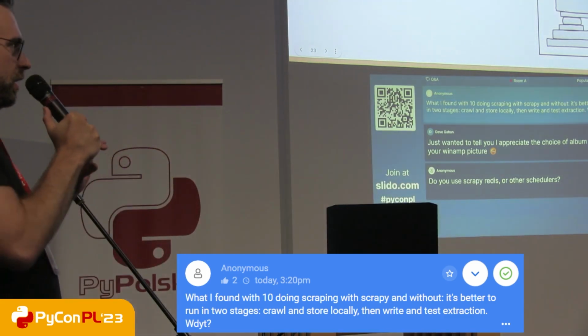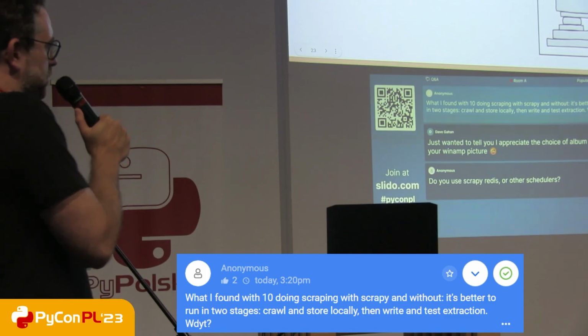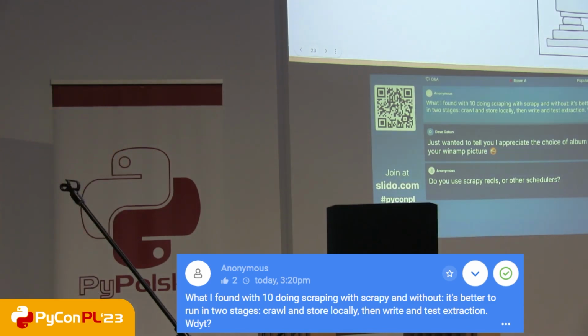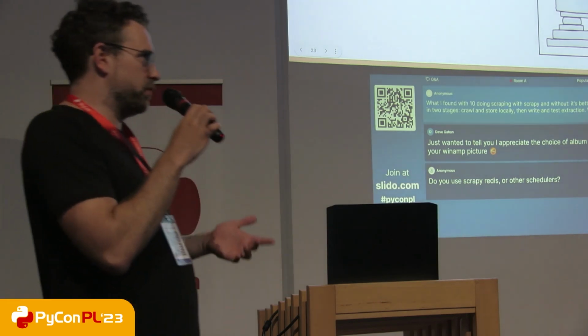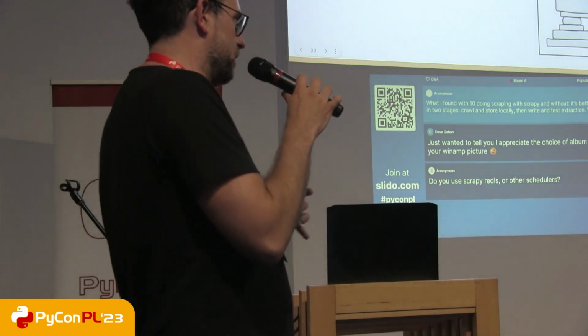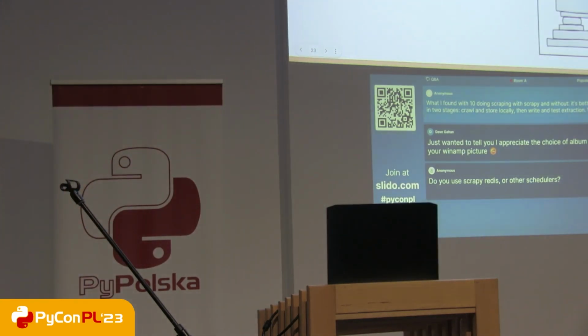So you run it, you store it locally, then you test extraction, right? I completely agree with that. It's usually more efficient. But with Scrapy, in some cases, it's more challenging, because you have some complex use cases, and some people don't do it that way. So you just take a spider that's not written in a way that supports this kind of workflow. That's the idea that Scrapy Poet should help with.